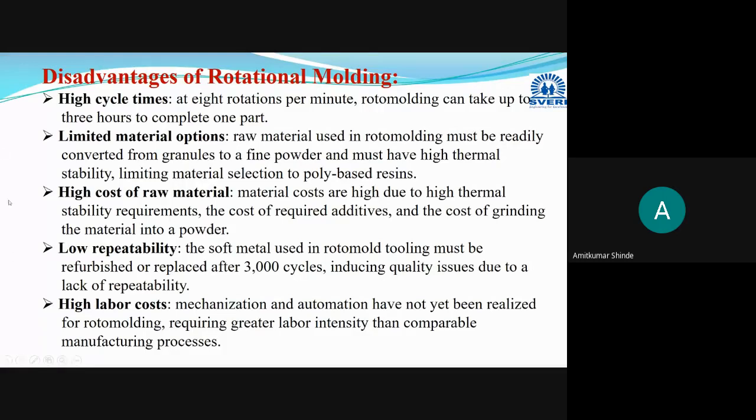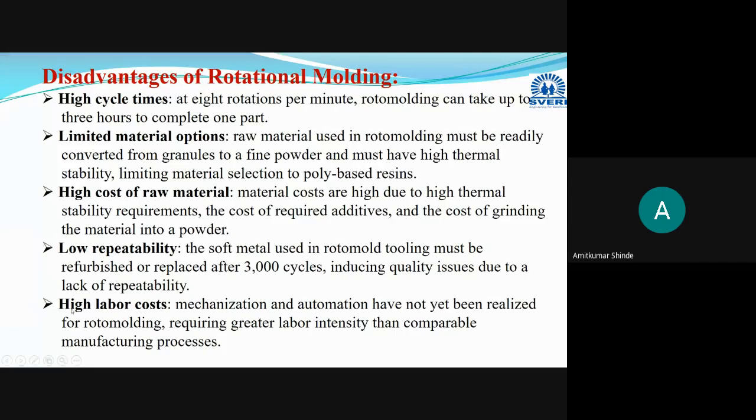The next point is whichever raw material is there, it requires high thermal stability. Whichever raw material has that high thermal stability and can be converted into powdered form, it will be costly. That material will be costly in nature.